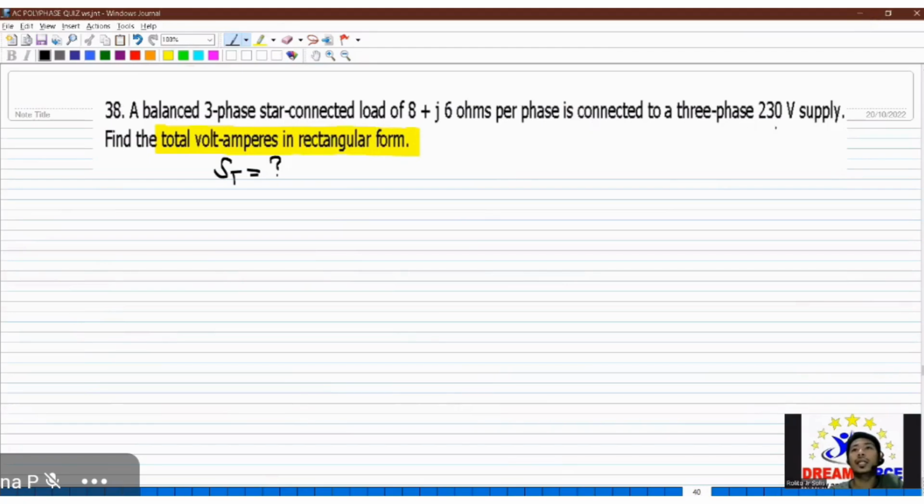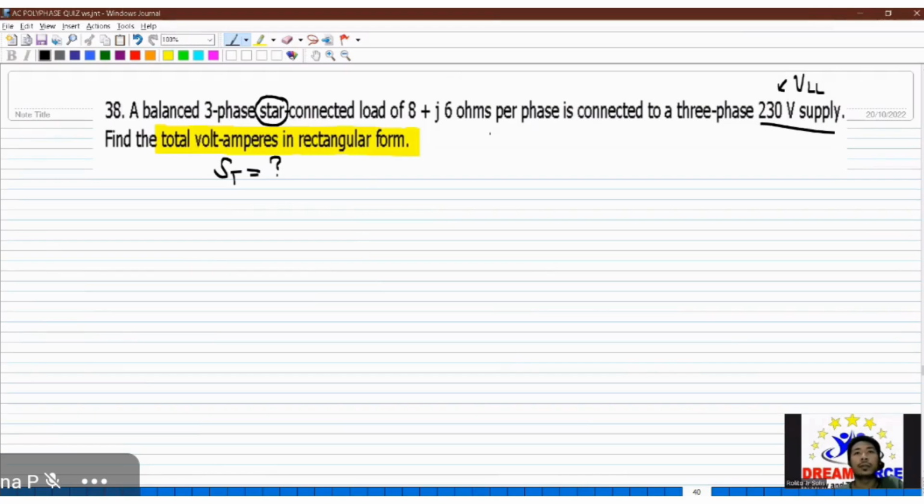So binigay ay 3-phase, so ito 230 volts, meaning line to line. Configuration or connection star. So yan yung mga critical na dapat mong hanapin or specify doon sa ating mga given. Tingnan mo kung 3-phase nga ba, kung ano yung connection, kung delta ba or Y, tingnan mo yung mga given, kung phases or line to line.